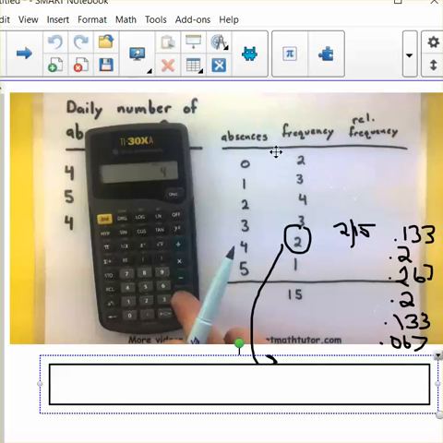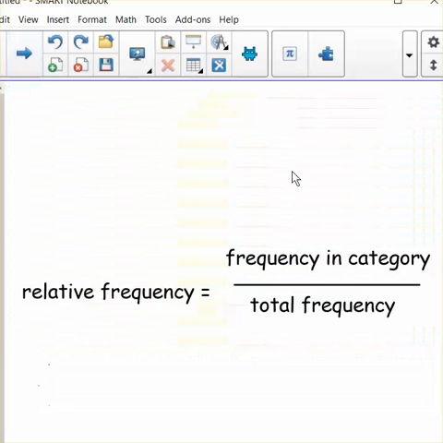So the frequency that you were absent either 0, 1, 2, 3, 4, or 5 times is 100%. So that's our relative frequency. To find the relative frequency, again, this is our definition: we take the frequency in the category and divide it by the total frequency.